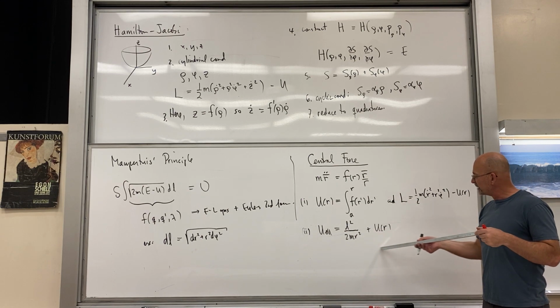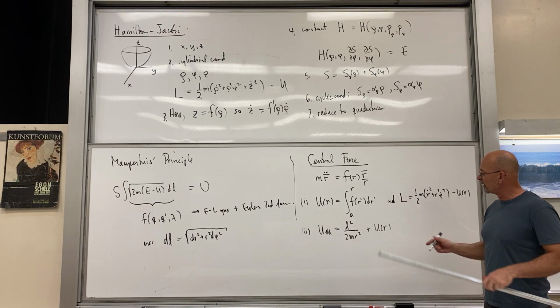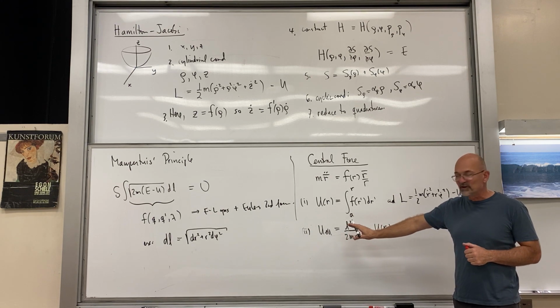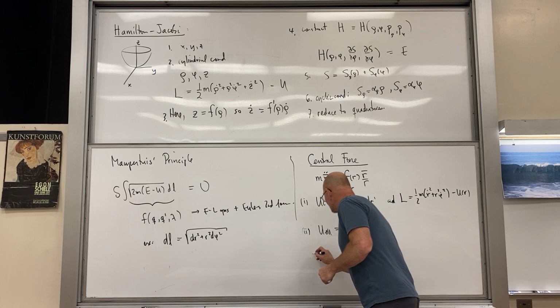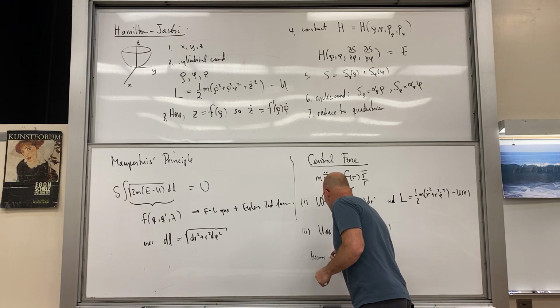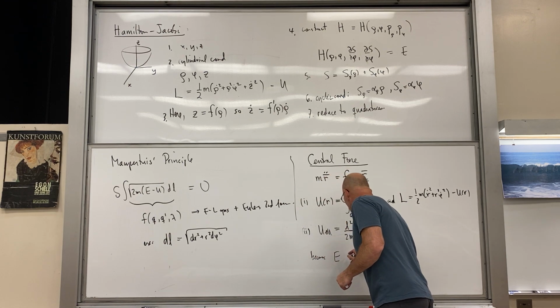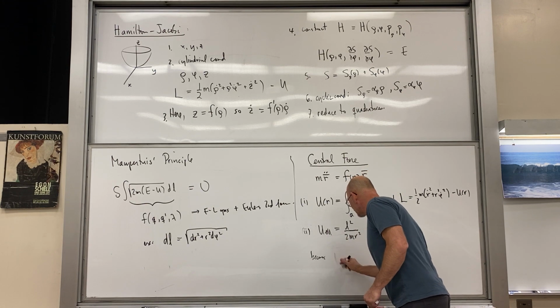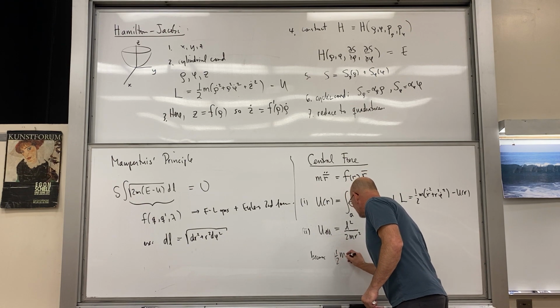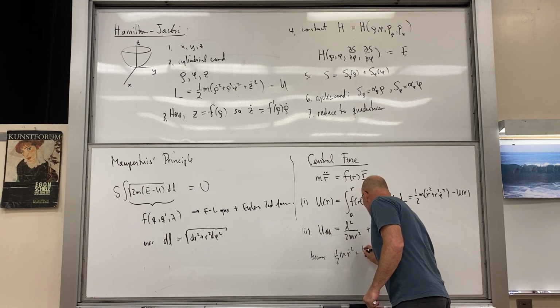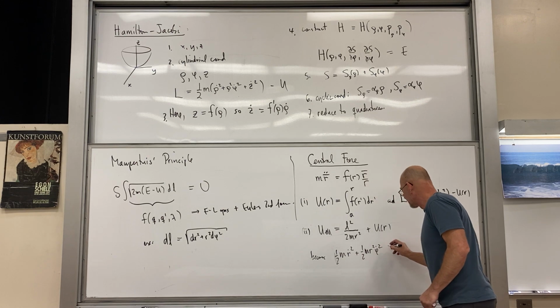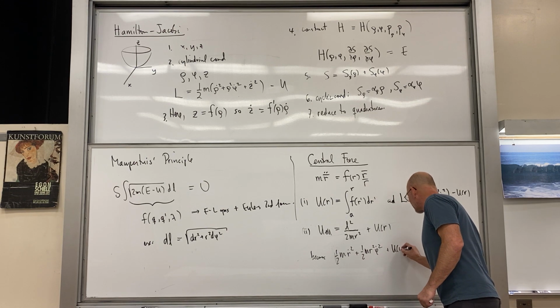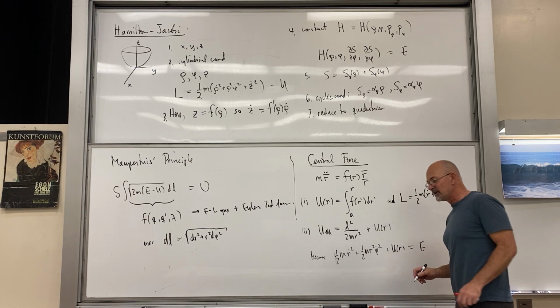Now the effective potential comes from having set up the energy. So I'll write that: E equals, let me write it the other way around, 1/2 m r dot squared plus 1/2 m r squared phi dot squared plus U of r is equal to the energy.